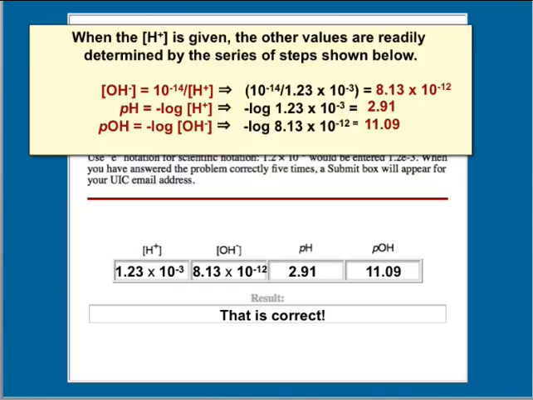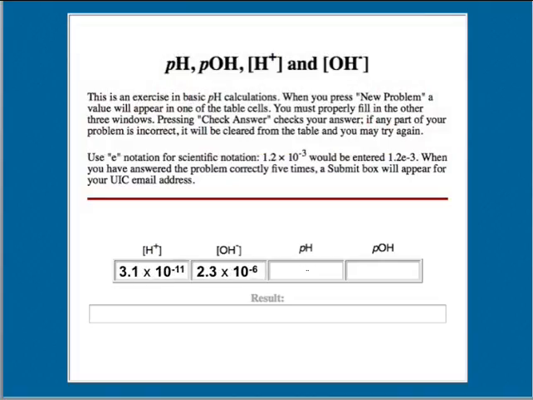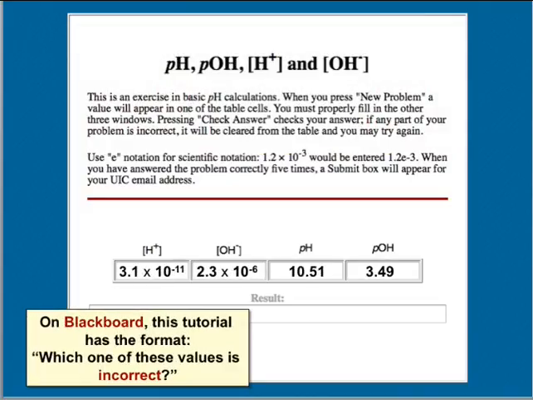And problems identical to these will be on Blackboard. However, Blackboard has many issues, so I had to change the format of the problem slightly. On Blackboard, the problem you get will have everything filled in. And the question on Blackboard is, which one of these is wrong?